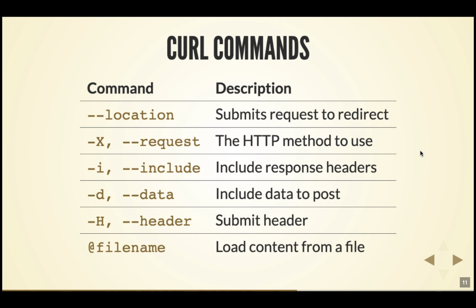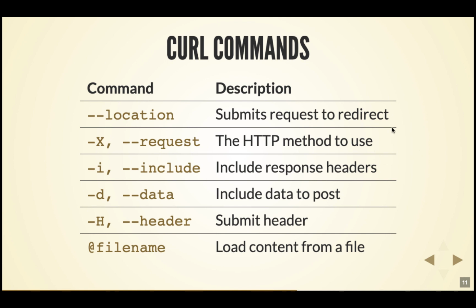The most common ones are the method. I'm going to explain methods more later, but basically this maps to the CRUD stuff: create, read, update, delete. I feel like I missed the R there. Read, thank you. Okay. So in the REST API space, the most common methods are GET, which is like read, POST, which is create, PUT, update, and DELETE. It's what you're doing with the data.